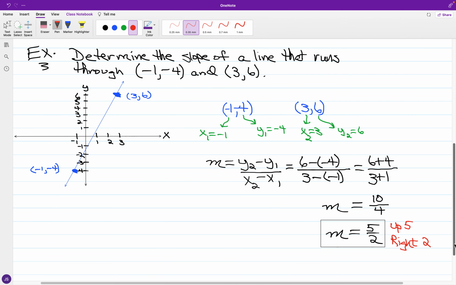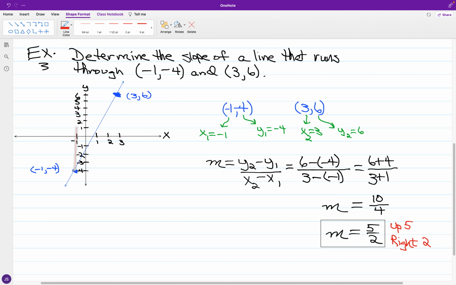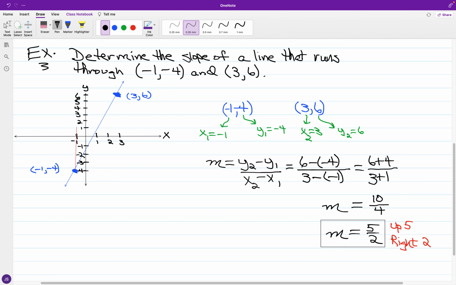And you can create a little bit of a staircase pattern, say from (-1, -4). Okay, and that should be straight up. So I'm going to go up 5 units and shift over 2 units.